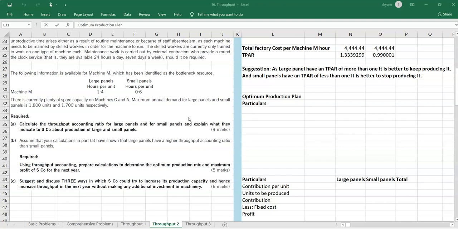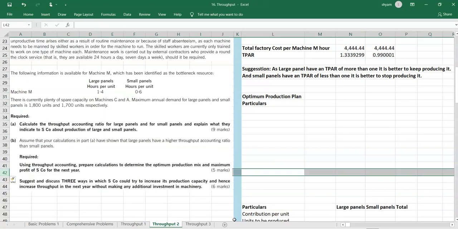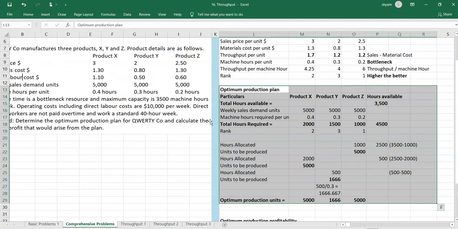So that is what we also got the answer as. Required, using throughput accounting, prepare calculations to determine the optimum production mix and maximum profit of ESCO for the next year. Okay, so we have already done this kind of a problem in the previous one, so we can copy it from there and we'll try to answer it.